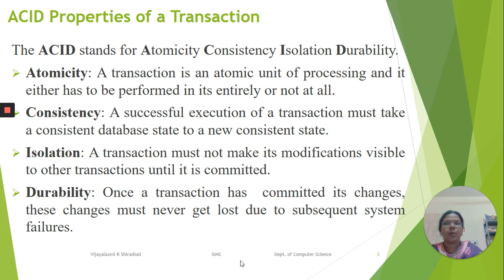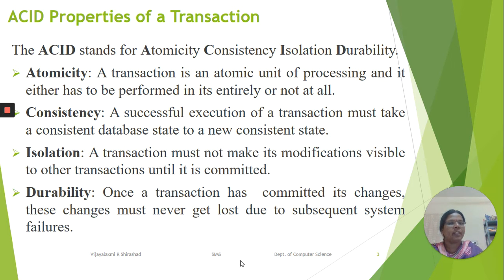There are four properties of a transaction. These are called the ACID properties of a transaction. ACID stands for atomicity, consistency, isolation, durability. Atomicity: a transaction is an atomic unit of processing and it either has to be performed entirely or not at all.